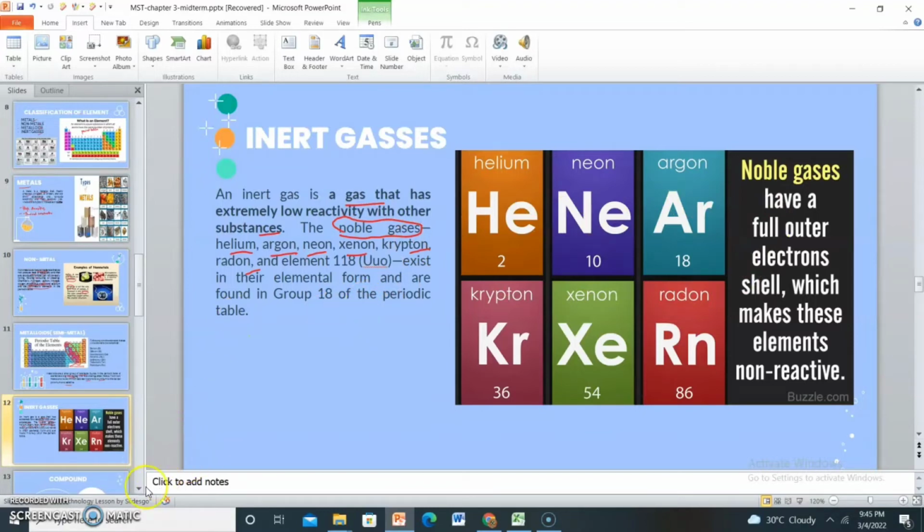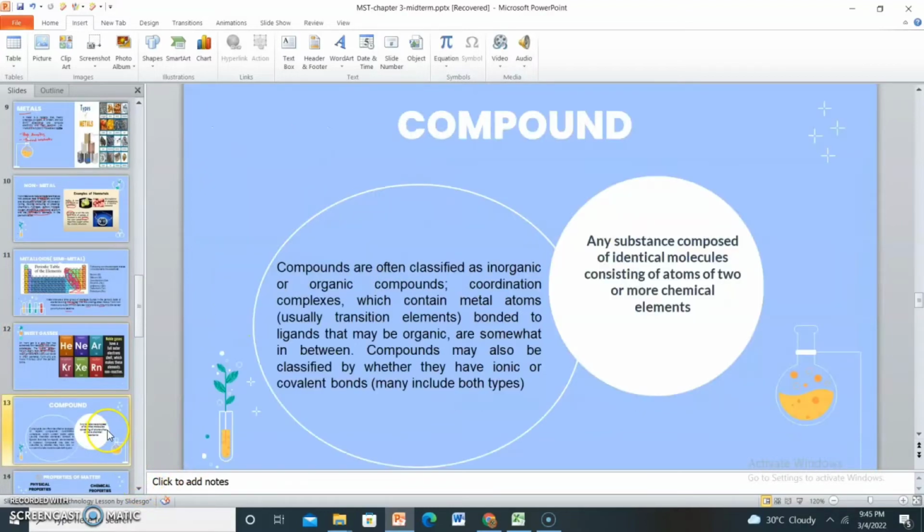The next one is compound. In compound, that is classified as organic or inorganic compounds, and coordination complexes which contain metal atoms, typically transition elements, bonded to ligands that may be organic.